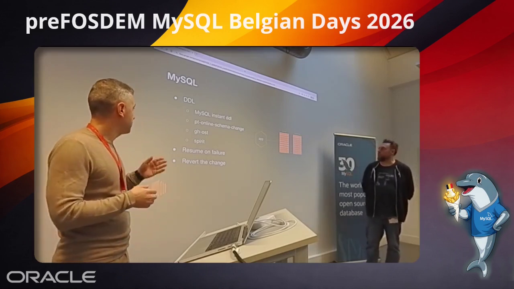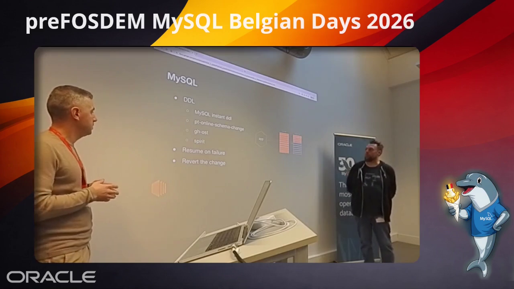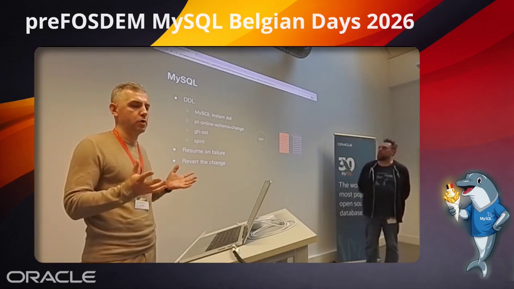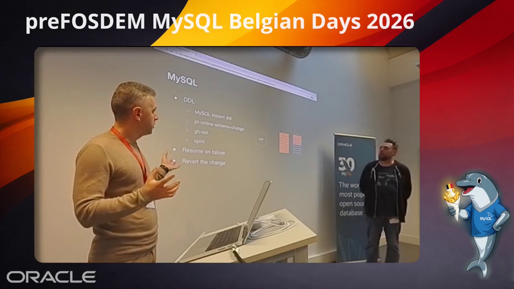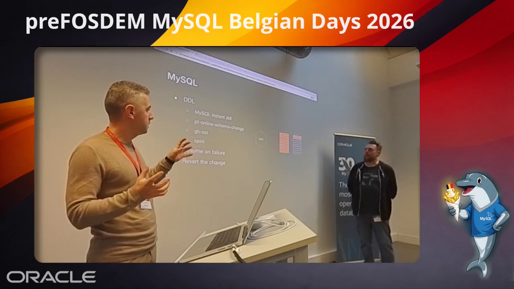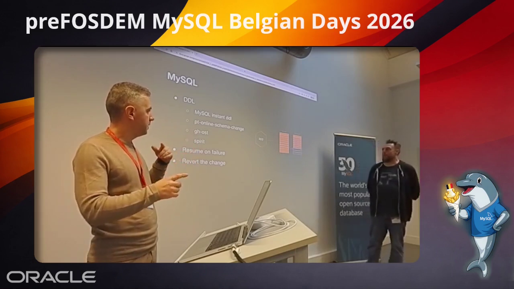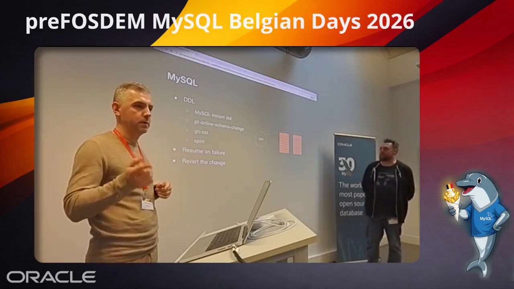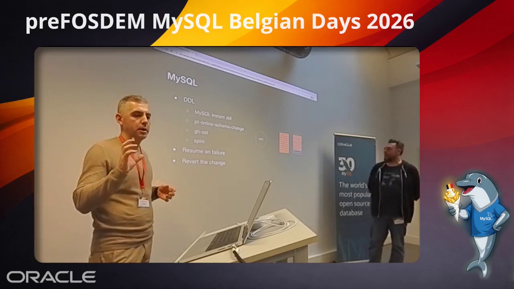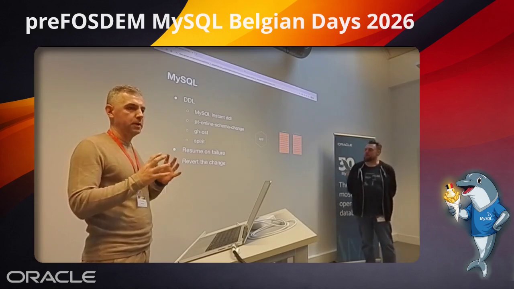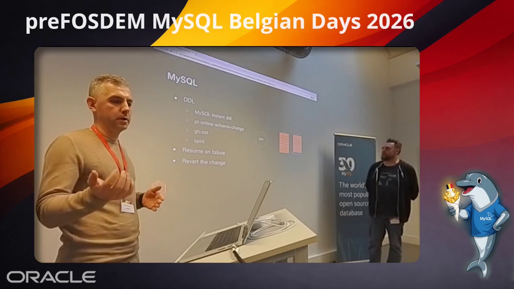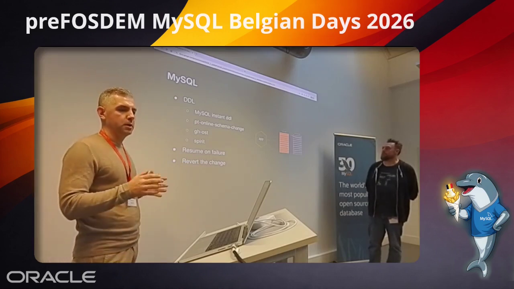There are tools like pt-online-schema-change, Ghost, Spirit, that basically work in a way that the original table is not altered, but a copy of the table is modified, and then that table is populated by copying the rows from the original table. When that is in sync, a brief lock is taken, the tables are swapped, and then the change is applied.